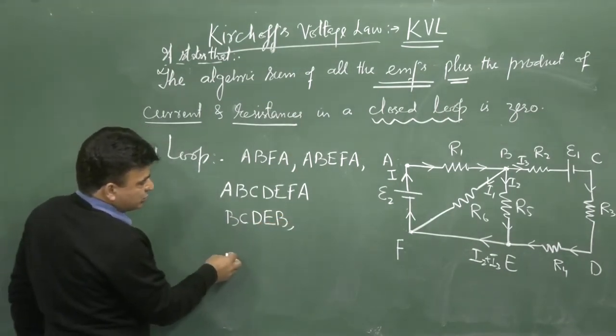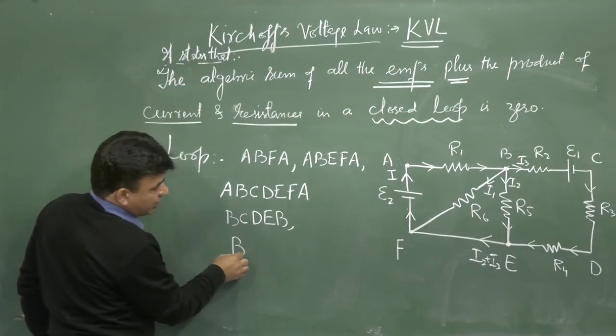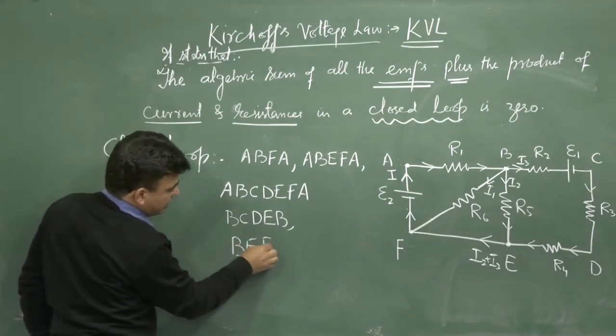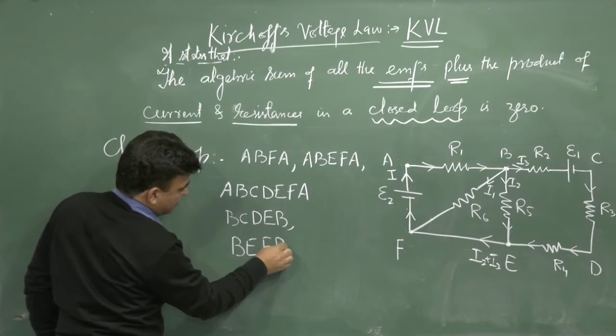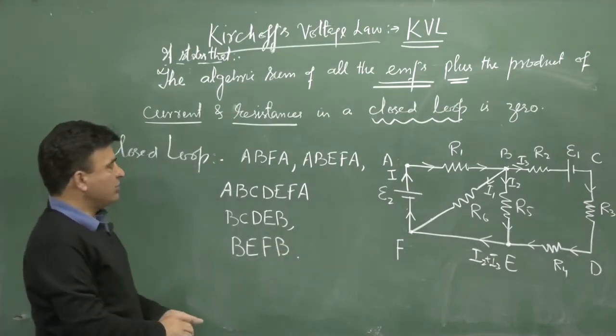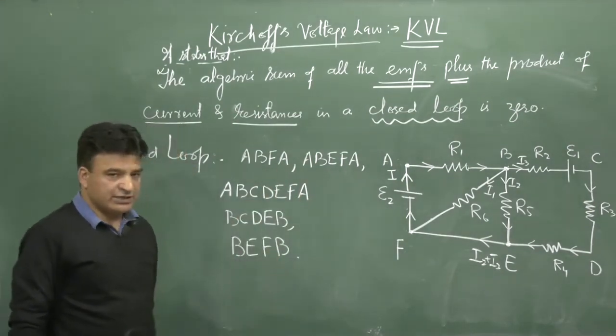You can have a closed loop starting from B to E, then to F, and from F to B. These are called the loops in an electrical circuit.